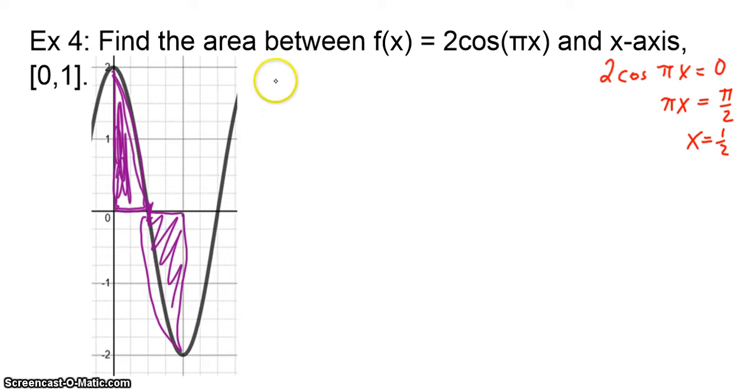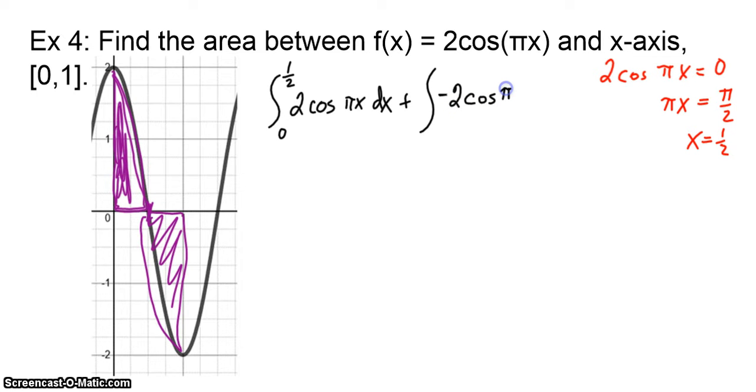The first area, since it's already positive, is from 0 to 1/2 of 2 cosine pi x dx, plus the negative area. Well, we don't want that negative, so let's make it the opposite. Same function, from 1/2 to 1.